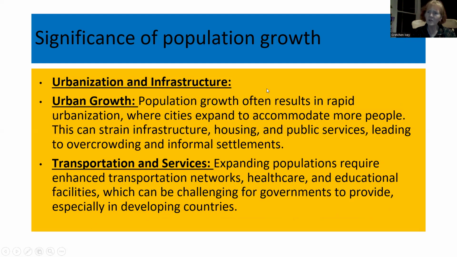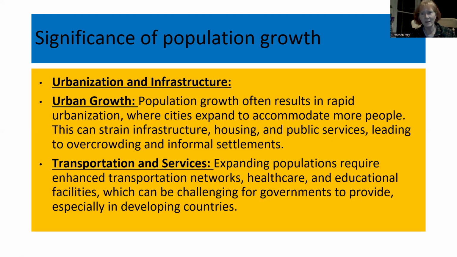Okay, so urbanization and infrastructure. So urban growth. Population growth often results in rapid urbanization because people need places to live, where cities expand to accommodate more people. This can strain infrastructure, housing, and public services, leading to overcrowding and informal settlements.